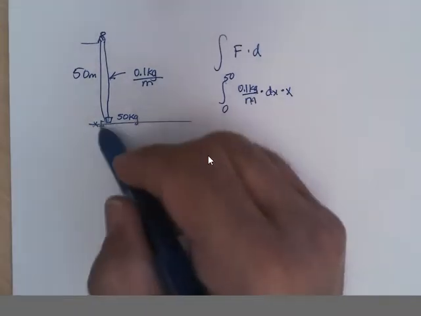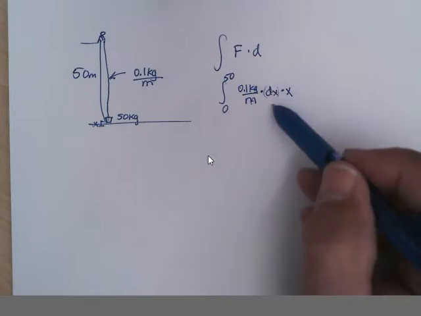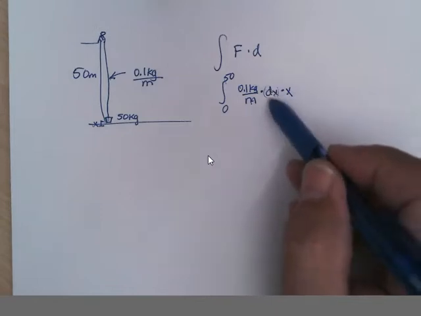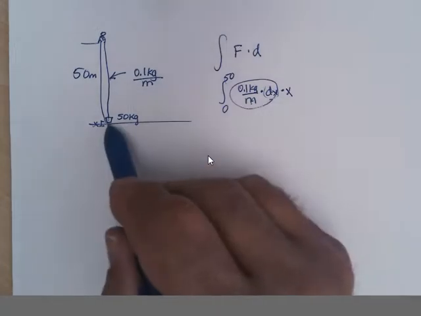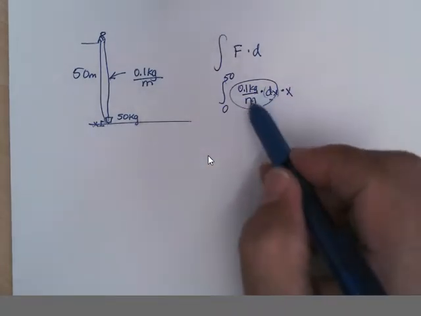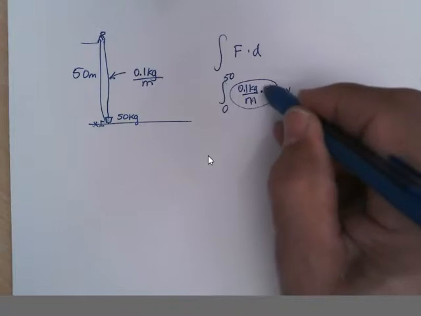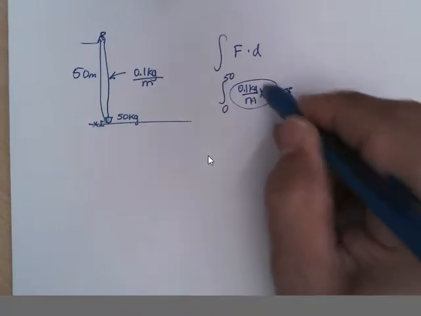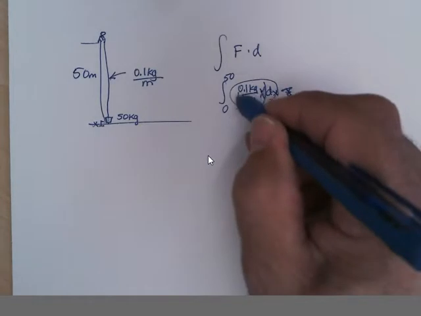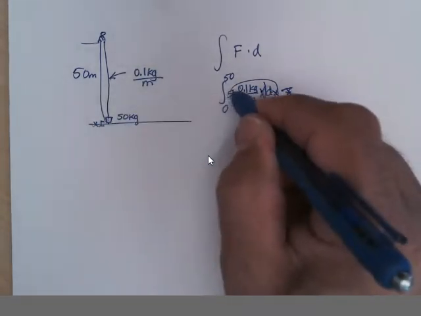We're going to lift everything x, and we're going to do it in little chunks, little bits, and the little bit is going to cause a force times distance, and we got to lift the bucket. So the density times the length of the piece of rope we're lifting, and plus the 50 kilograms.